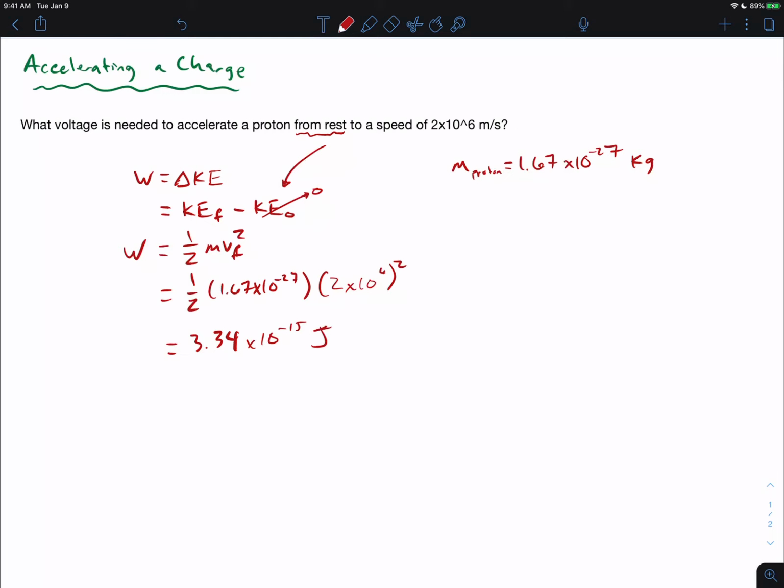This is the amount of work that we need to do in order to speed up a proton from rest to this final velocity.